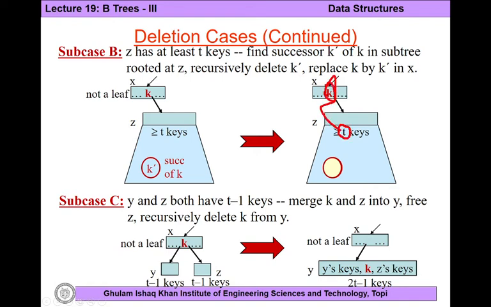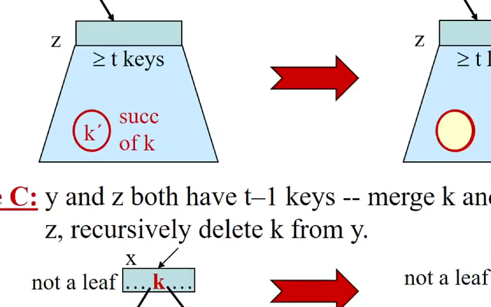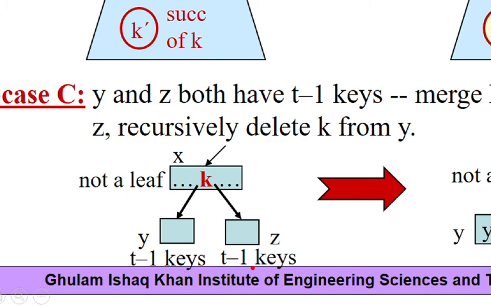Just in case the left and right child both have t minus 1 keys, they are at their minimum, so that case is simple. We will simply remove this key and merge these two children.